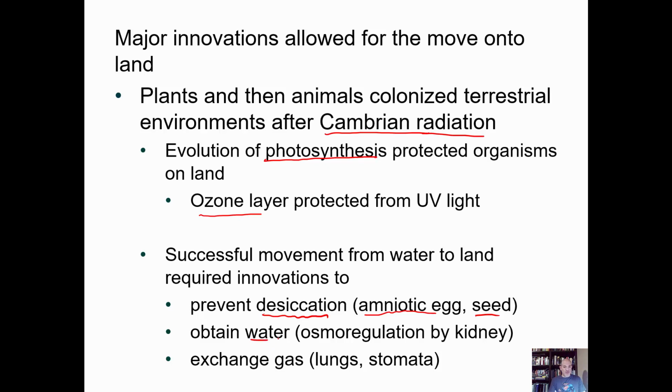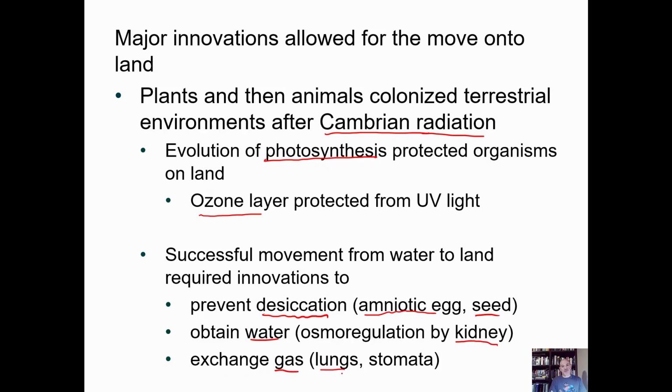We have to obtain water, or have ways of obtaining water. In vertebrate animals, the evolution of the kidney helps us, as we take water in, prevent too much water loss as we get rid of our metabolic waste products, which can build up in your tissues and become toxic. And then we also need a way to exchange gas with the atmosphere.